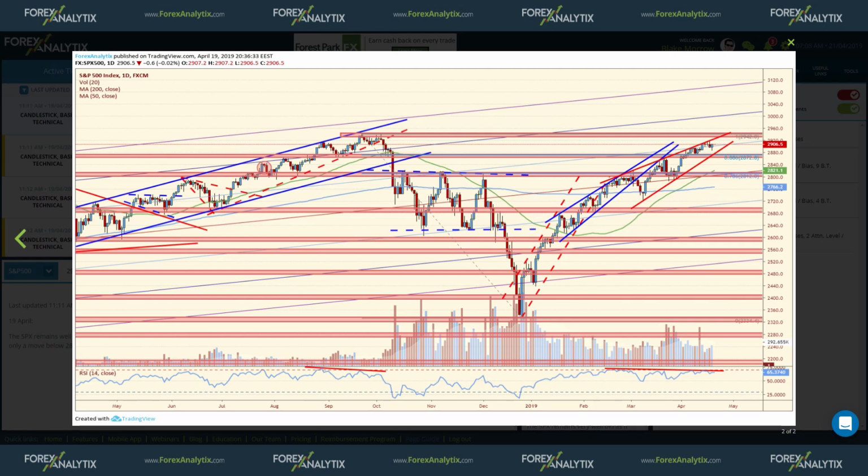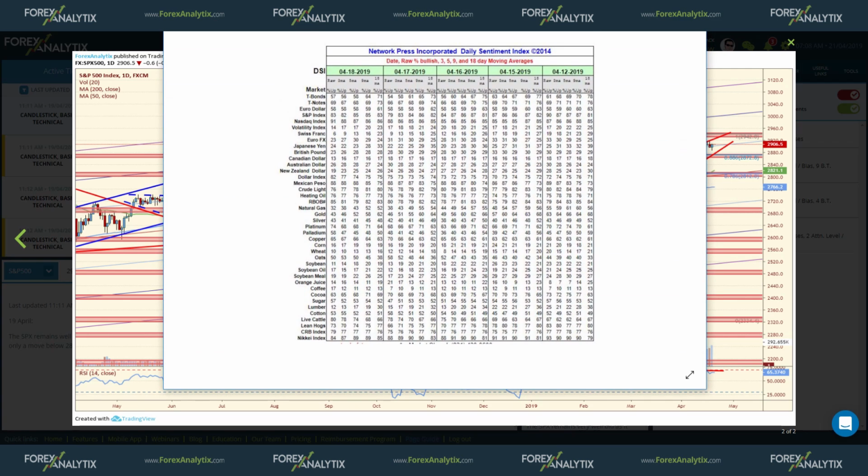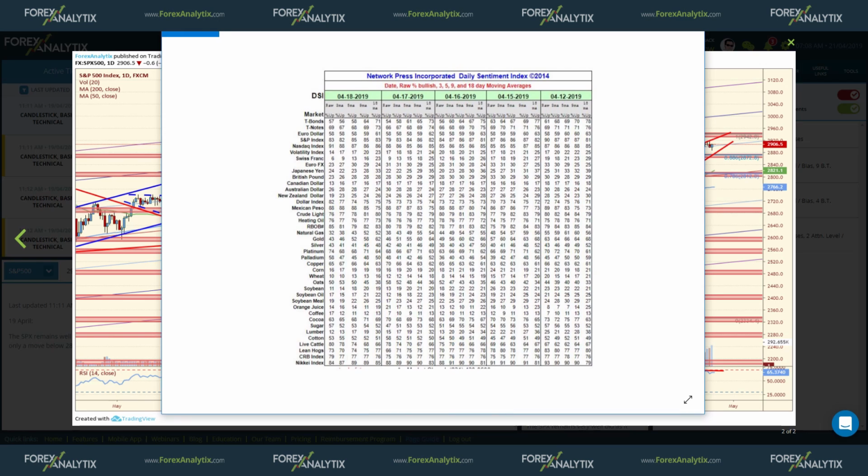Now, one of the things I wanted to bring up here is the daily sentiment index. This is something you hear me talk about every once in a while, but usually I'm more concerned when we're hitting extremes. The S&P is at 83, but more importantly, the Nasdaq's at 91.